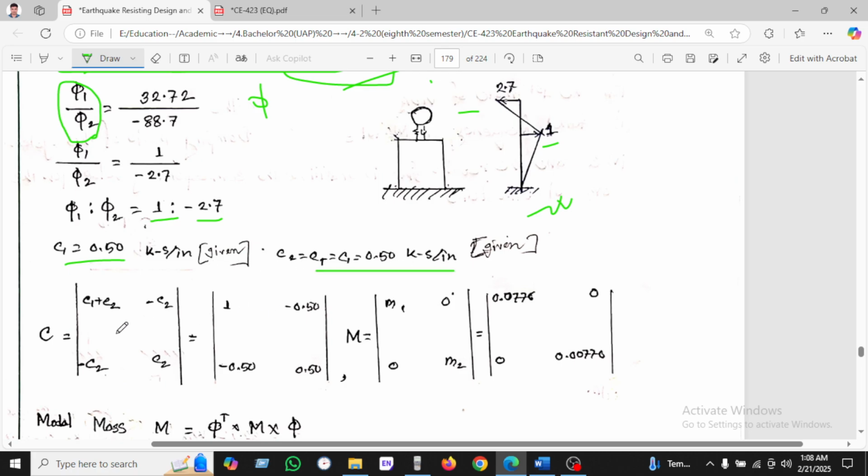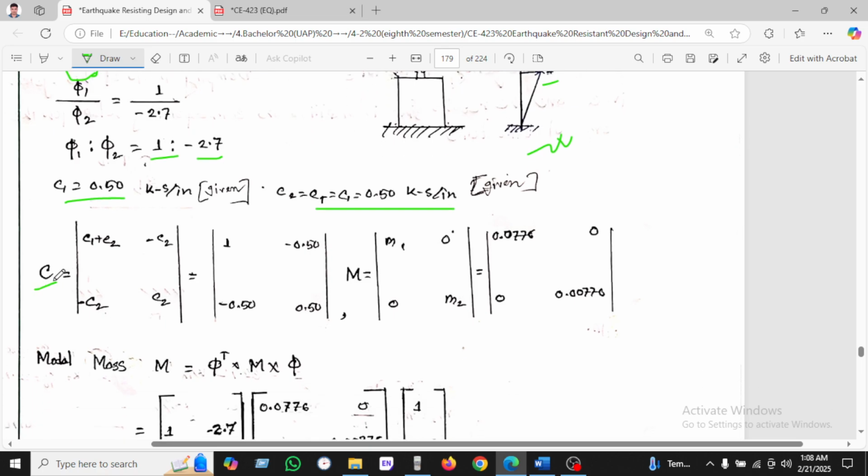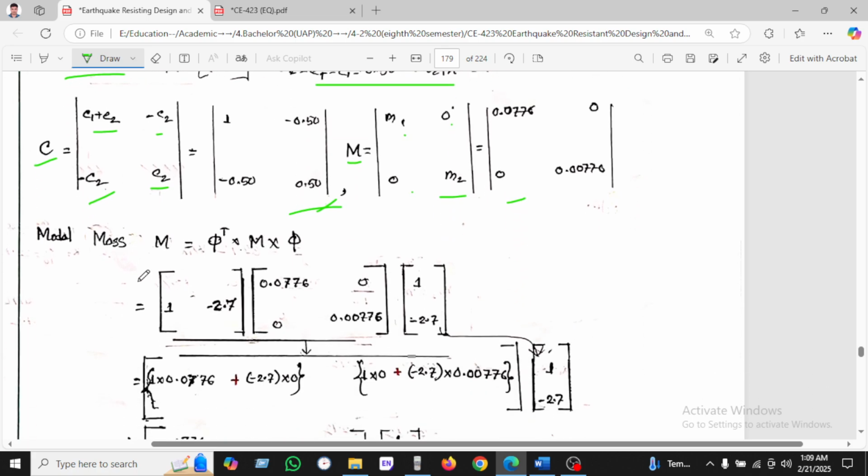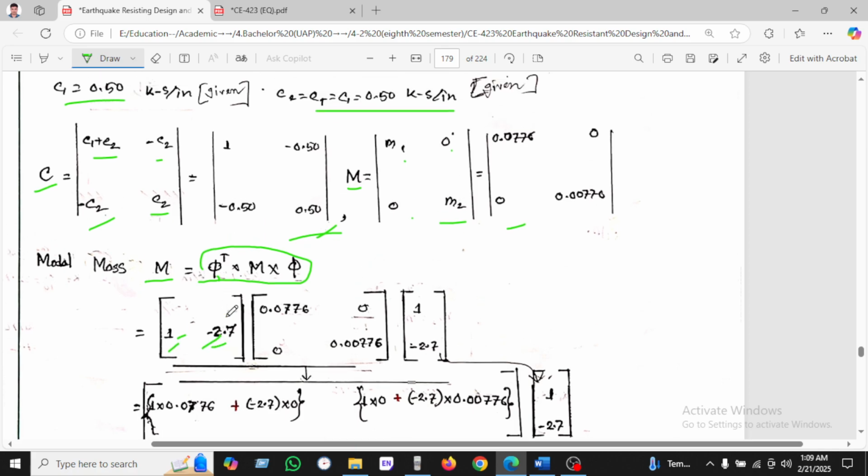C2 is also given. We know C is the stiffness matrix: C1 plus C2, minus C2, minus C2, C2. Using this, we know M1, 0, 0 and M2, and found it this way. If we use modal mass, then we will see M equals phi transpose M into phi, and in this way we are sure the phi is found: 1 minus 2.7 is here.